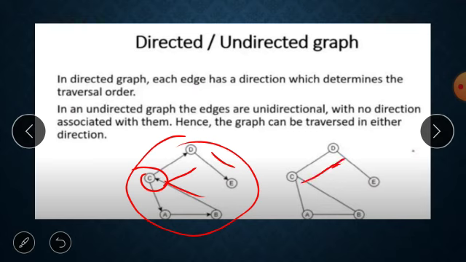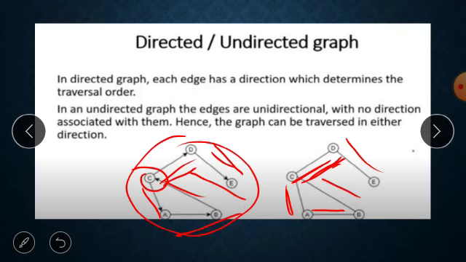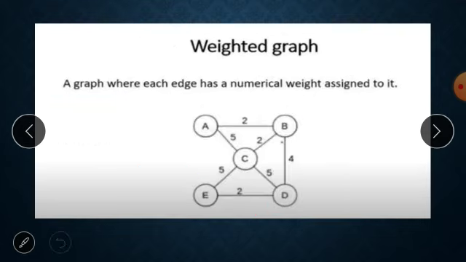It can be traversed C to D or D to C. But here there is a direction between the vertices: A to B, B to C, C to A, C to D and D to E. In the undirected graph, it may be traversed in both directions: either C to D or D to C, D to E or E to D, C to A or A to C, A to B or B to A, and B to C or C to B. So this is about the directed and undirected graph.